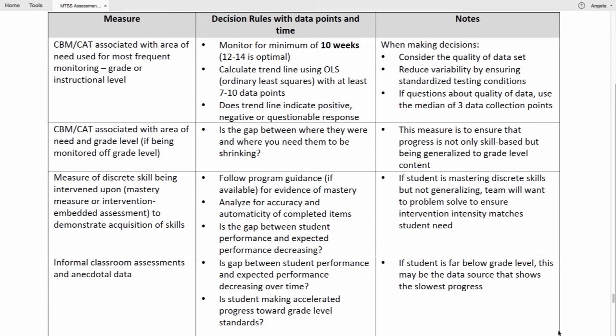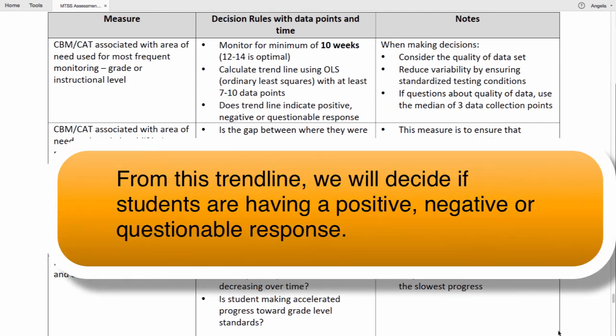To decide if they are responding, we should calculate a trend line using a regression analysis, with ordinary least squares being the methodology most frequently used. And this should be calculated using about 7 to 10 data points. From this trend line, we'll decide, are students having a positive, negative, or questionable response?